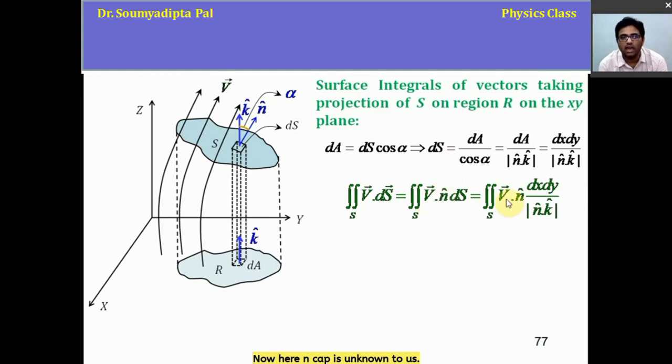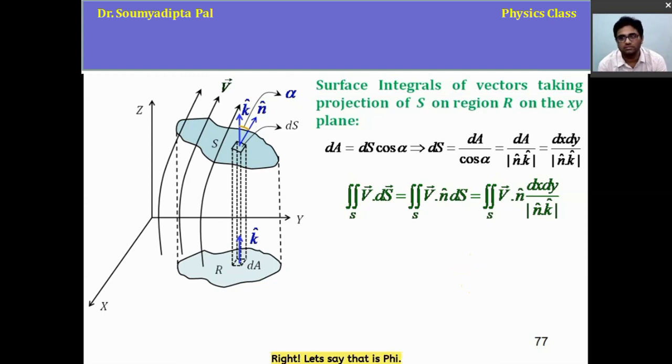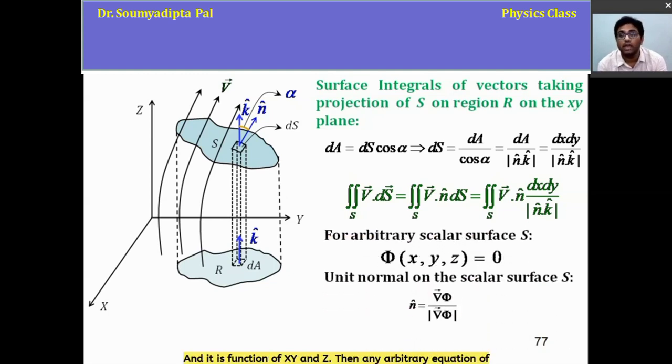Now here n cap is unknown to us. We have to find out n cap. To do that, the equation of the surface has to be known, and you know that it can be represented by a scalar surface. Let's say that is phi, a function of x, y and z. Then any arbitrary equation of a scalar surface can be written like this.